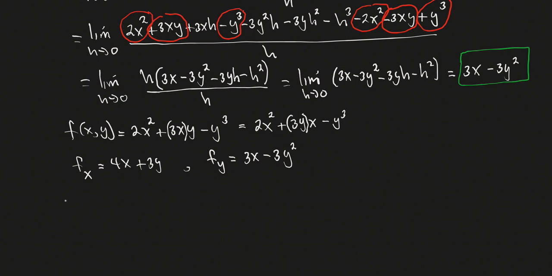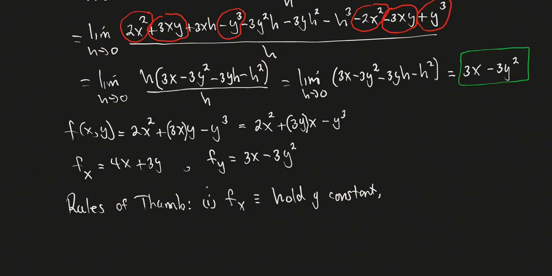So here are some rules of thumb. One, when finding this partial derivative, what we do is we hold y constant, and then we differentiate, quote unquote, normally with respect to x.